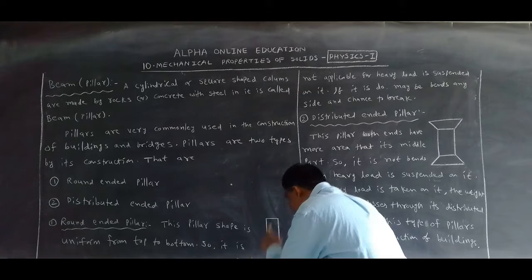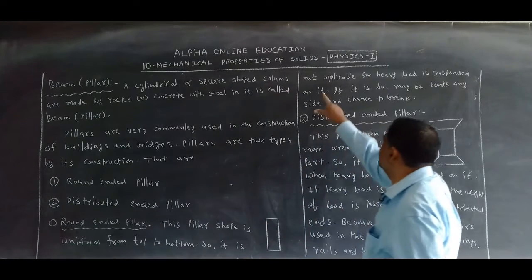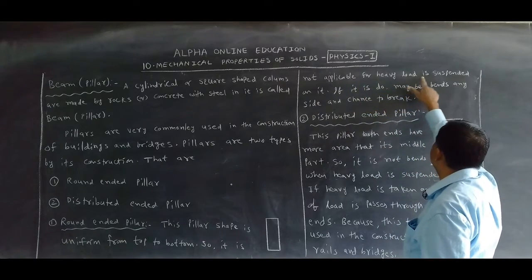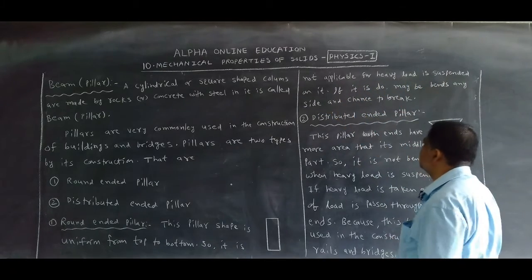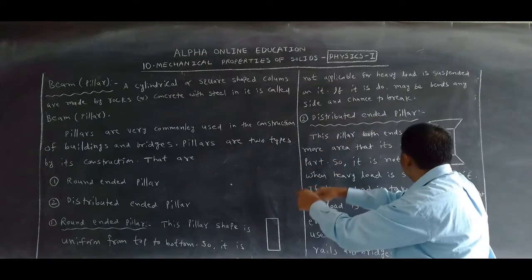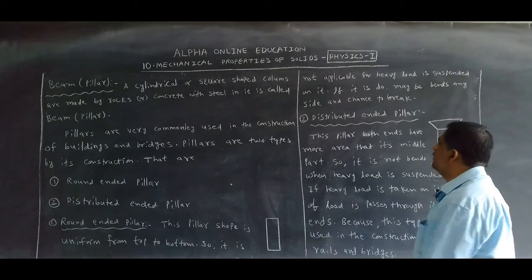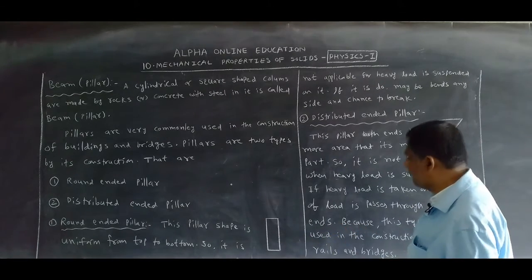It is uniform from top to bottom, so it is not suitable for heavy loads suspended on it. If we suspend a heavy load, it may bend to any side and has a chance to break.